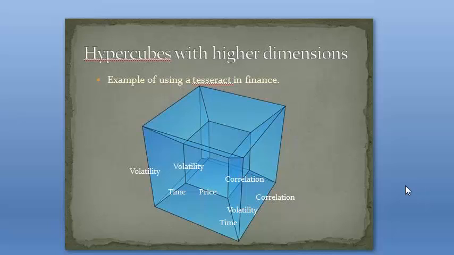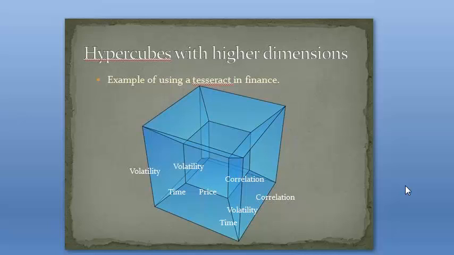So volatility, price, and correlation is the inside cube. So that's your first 3 dimensions. This is kind of the core of what I'm doing with Poseidon. So it's taking market data and graphing it 3-dimensionally using volatility, price, and correlation.